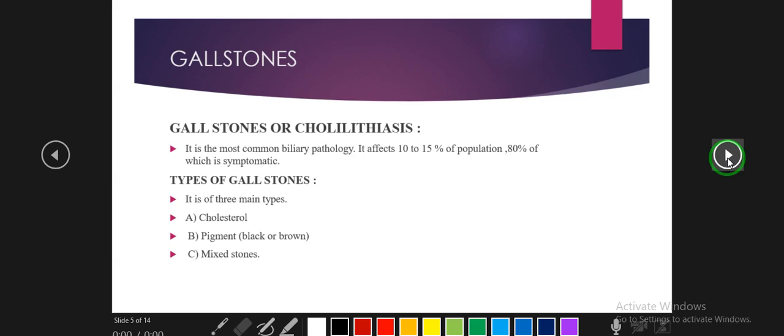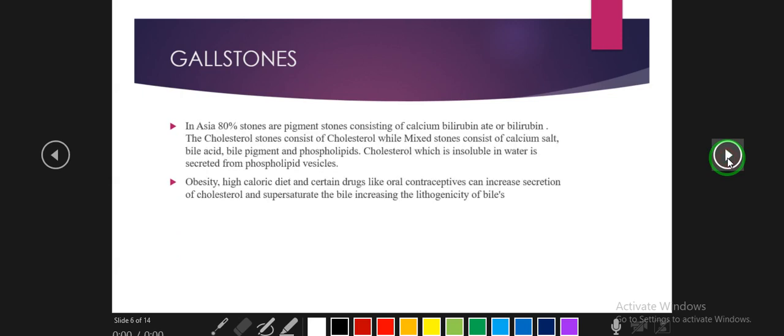Types of gallstones: 3 main types: cholesterol stones, pigment stones, and mixed stones. Pigment stones are the black or brown or bilirubin stones. In Asia, 80% of these stones are pigment stones consisting of calcium bilirubin or bilirubin. The cholesterol stone consists of cholesterol, while mixed stones consist of calcium salts, bile acids, bile pigment, and phospholipids.